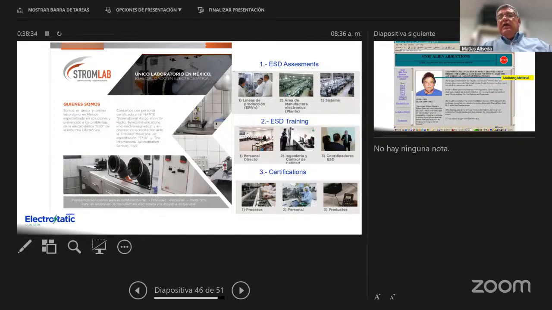Today the ESD S20.20 standard tells the user that everything you use inside your plant has to be certified: wrist straps, floor, garments, containers, bags, everything, by the standard method.